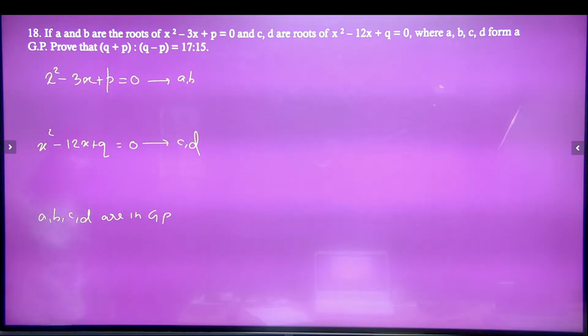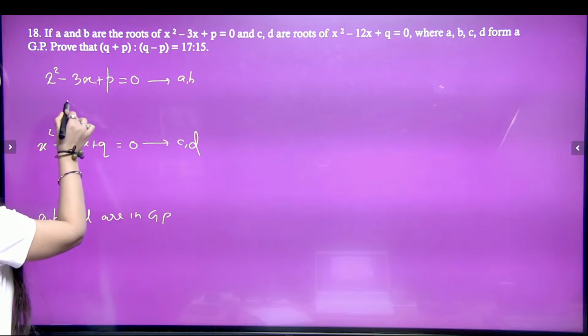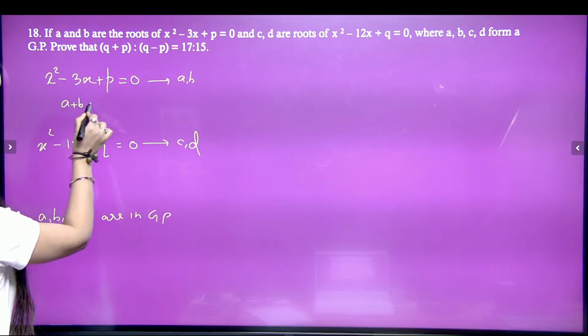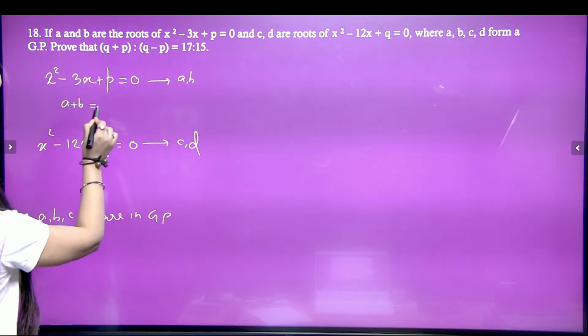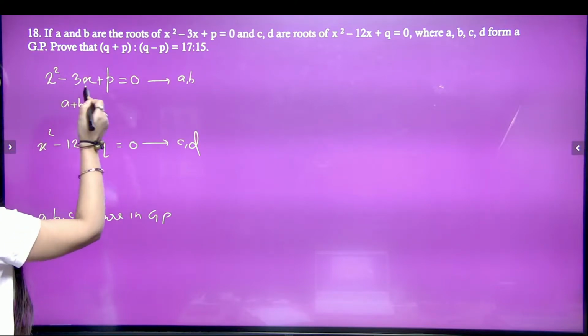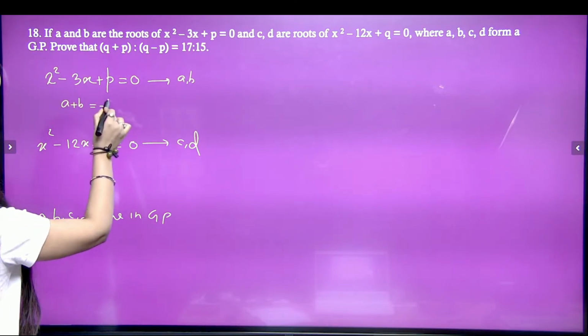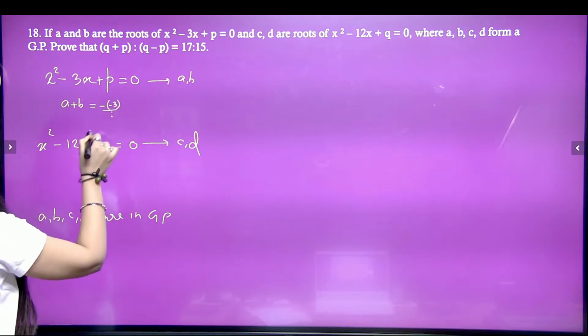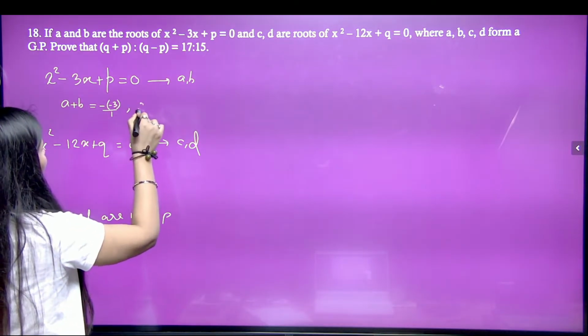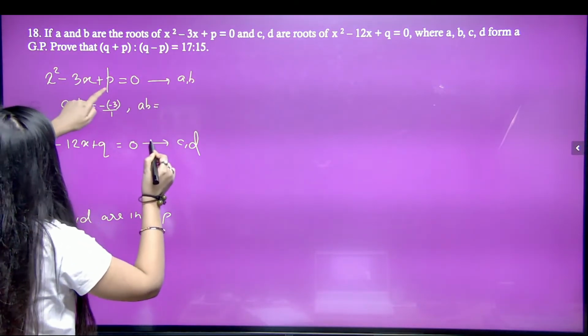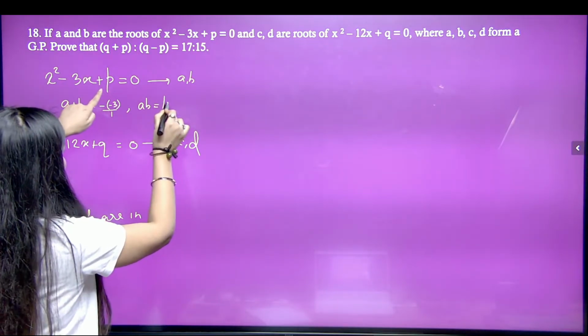Okay. So first of all, we have learned that in quadratic equations, the sum of roots is equal to minus b by a, if you remember. And the product of roots is c by a. So we have p here.